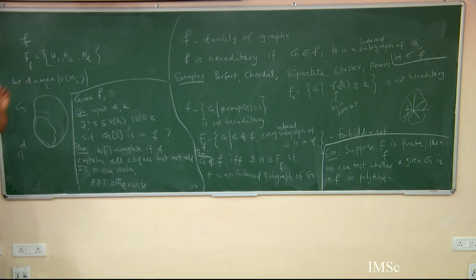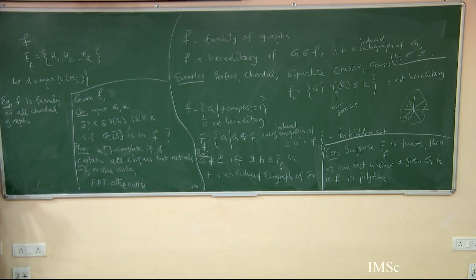So let's pick, for example, F to be the family of all chordal graphs. Then what is this question?